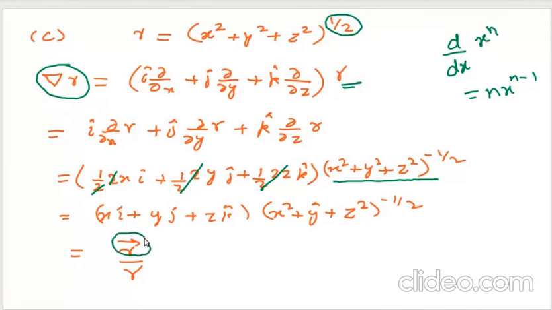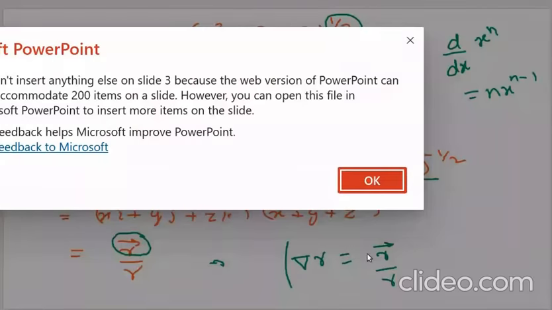And also x square plus y square plus z square to the power minus half is actually R square to the power minus half, that is 1 by R. So the gradient of R is vector R by R. You have to remember this relation also, and we are going to use this relation multiple times in this discussion.